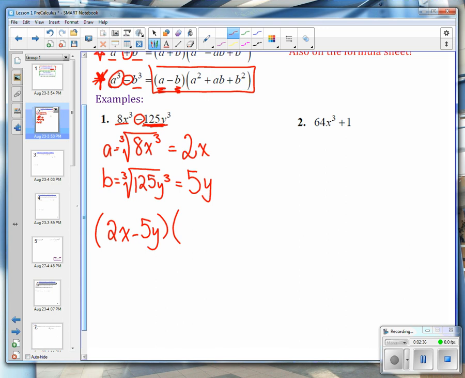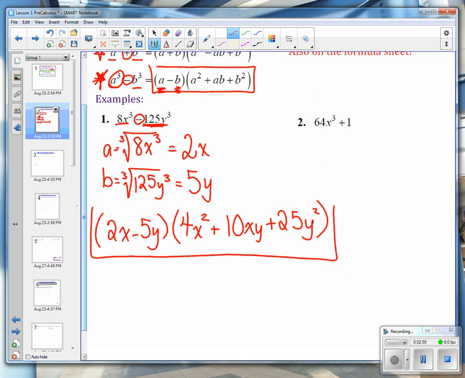So A squared is going to be 4x squared, plus A times B, which is 10xy, and then I've got my B squared, which gives us 25y squared. And that's it. That is the factored form of what we started with, the factored form of the difference of cubes.